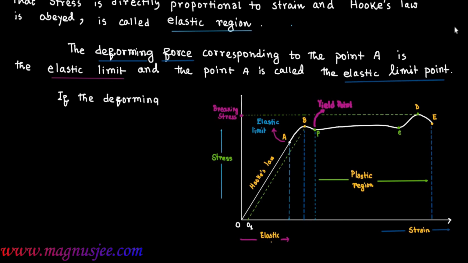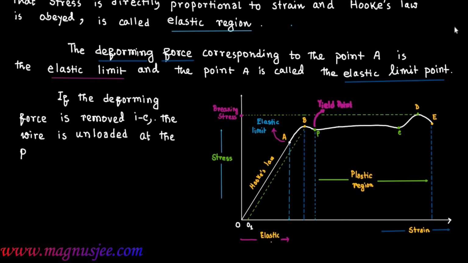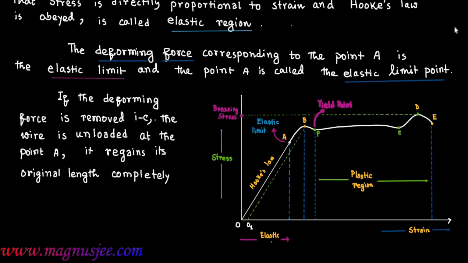If the deforming force is removed, that is, the wire is unloaded at the point A, the deformed body regains its original configuration or length completely along the straight line or path AO.